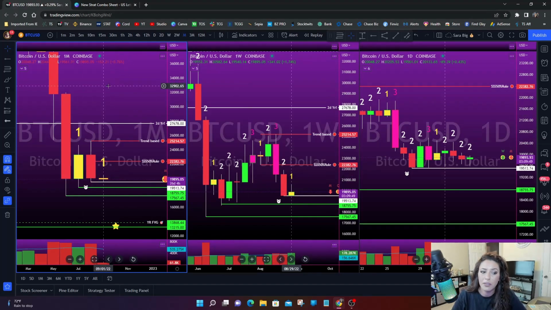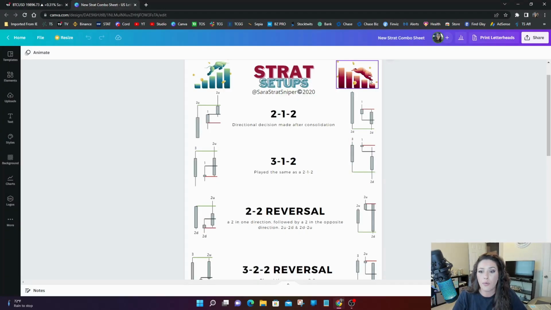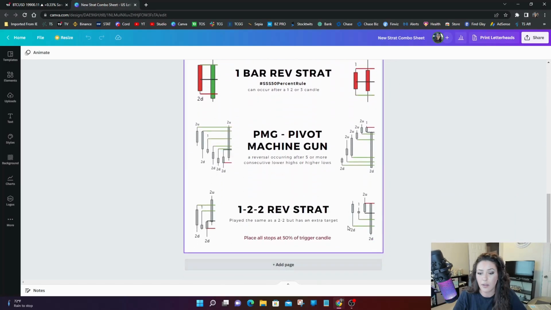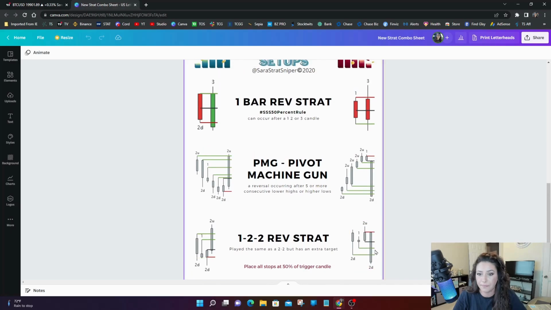Now, the good thing about the strat is we don't have to use one time frame. Everything is fractal. So if we're bearish, the right side of this chart are the bearish setups. There's some more down here. So here's the monthly rev strat. What we're going to do is we're going to go down to a smaller time frame and find better entries and better stops.